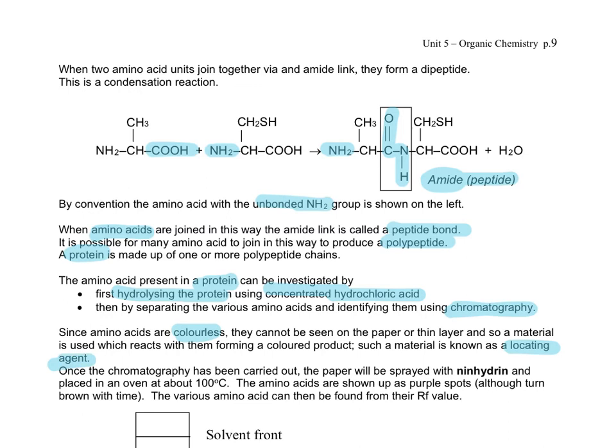The specific one that we use is ninhydrin, and if you spray your chromatogram with ninhydrin and then put it in the oven at about 100 degrees Celsius, then the amino acids will show up as purple spots that turn brown over time.